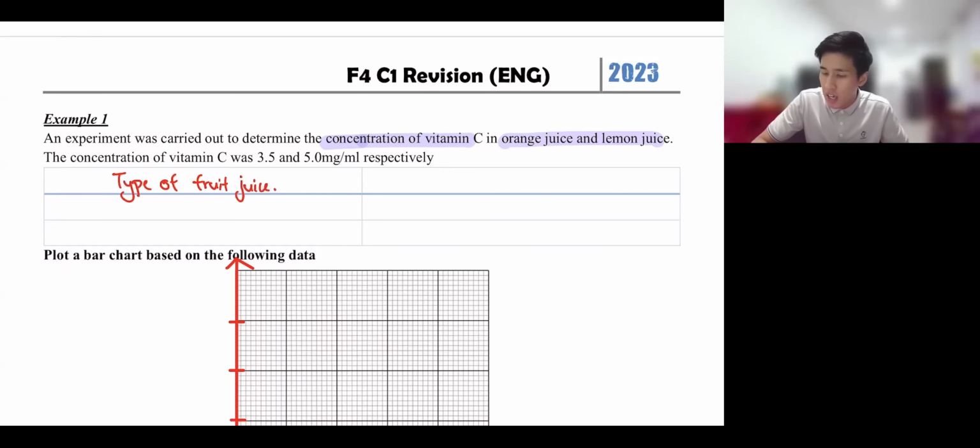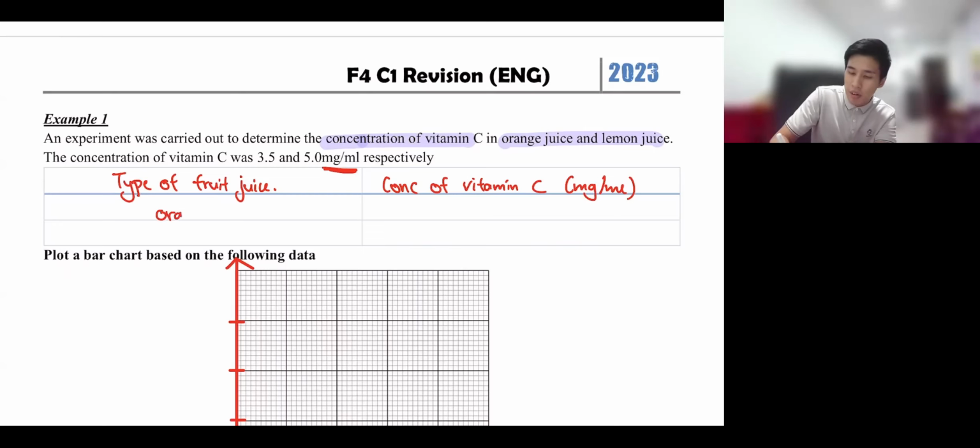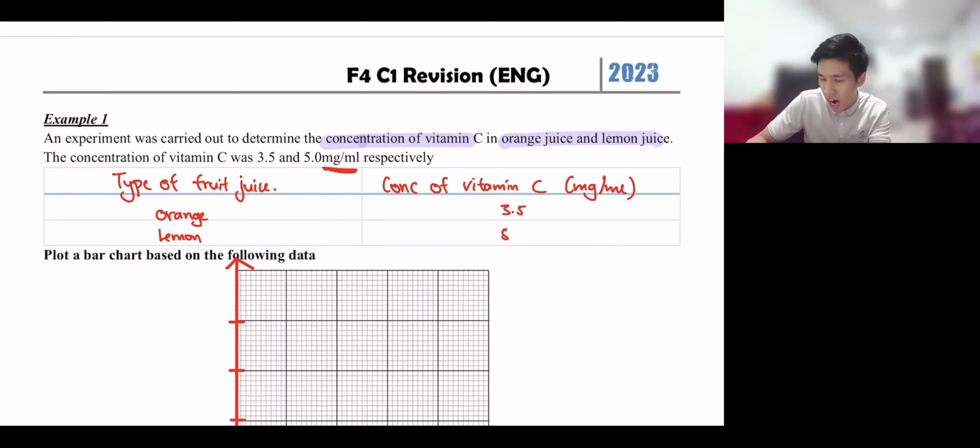Then the right-hand side is the concentration of vitamin C, with the unit already written here, milligram per milliliter. They say the orange juice and lemon juice concentrations were 3.5 and 5 respectively, meaning orange juice 3.5, lemon juice 5.